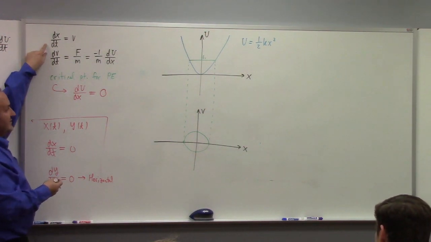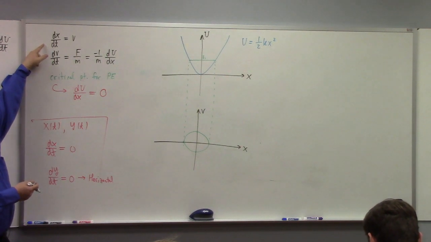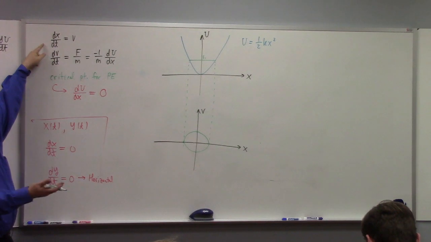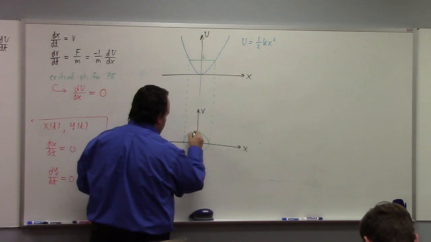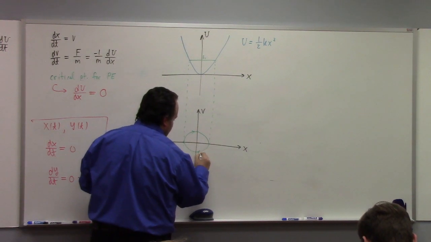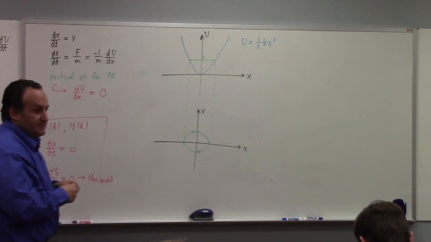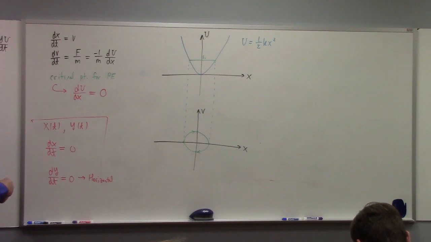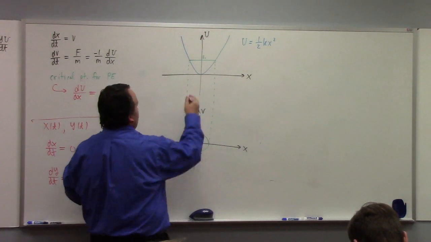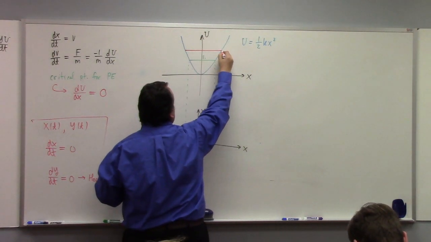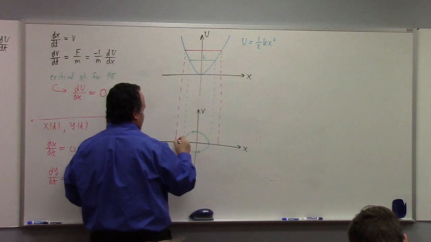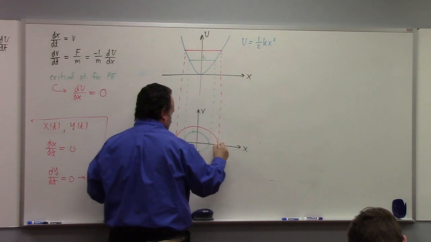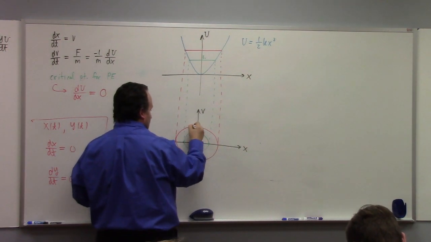If dx/dt is equal to v, that means that the curve is going which way when v is positive? If dx/dt is positive, the curve is going to the right. So it goes like this up here, and it goes like that down there. All right? And then you can do another energy level, like this, that drops down here like so. And that will give you another one of these.